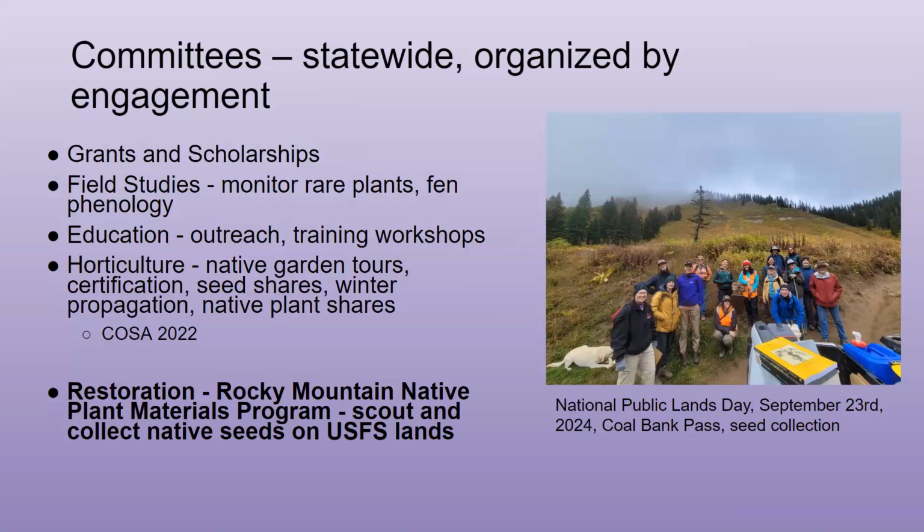So before I forget, very important, we have 4 funding opportunities. Our society does a lot of fundraising to give money out to the world. We have the Star and Mar and Steinkamp grants, which provide money for rare plant and native plant research.